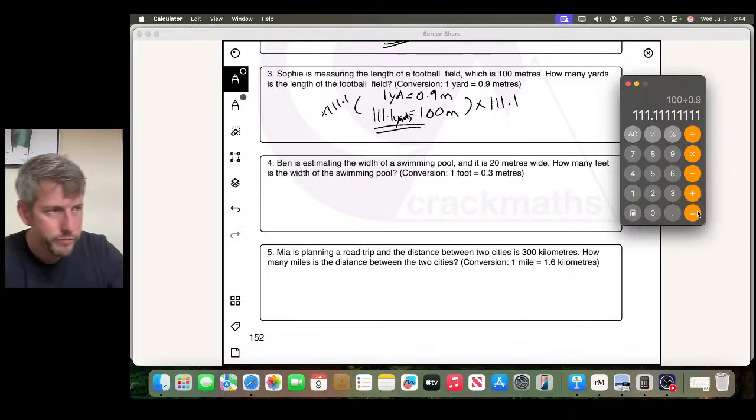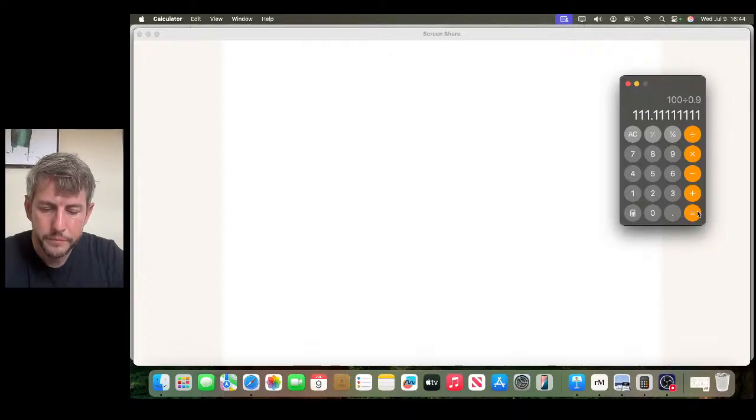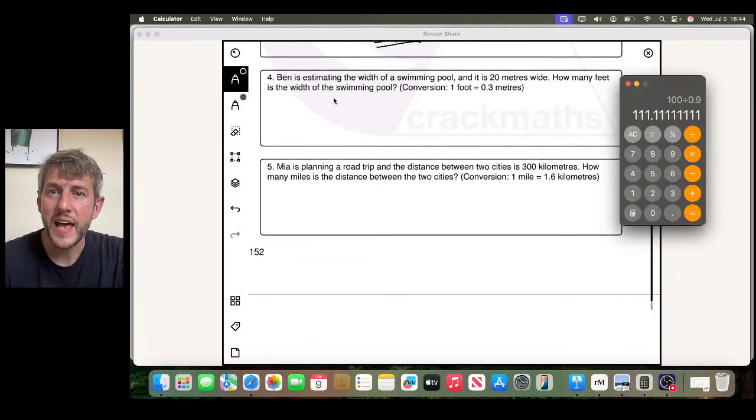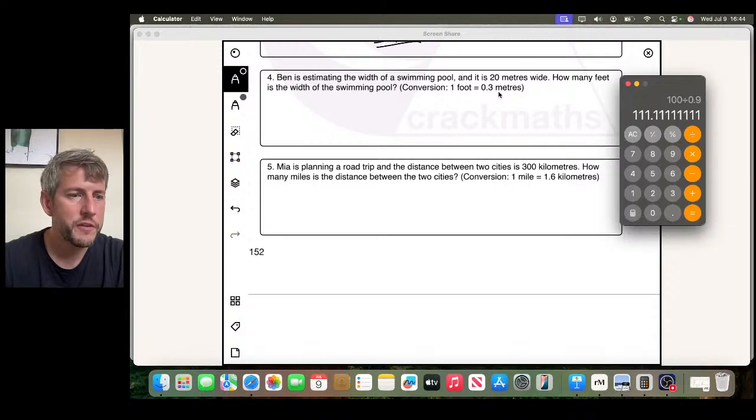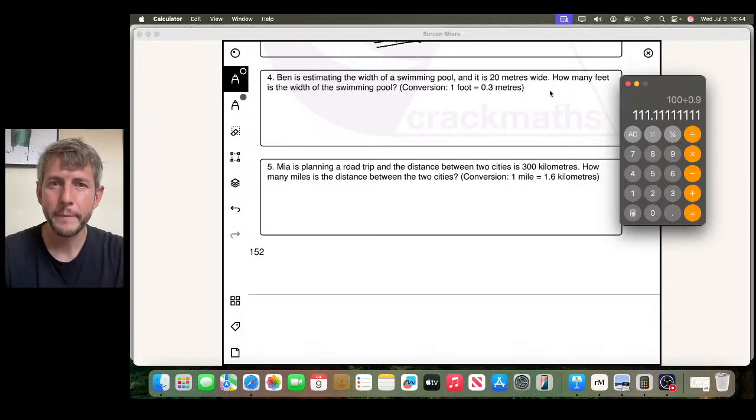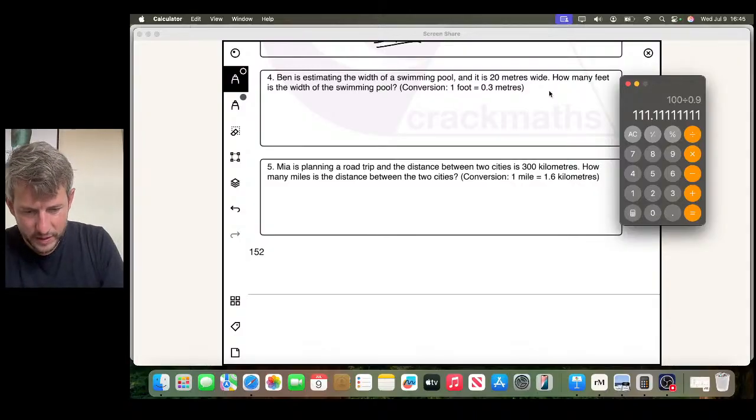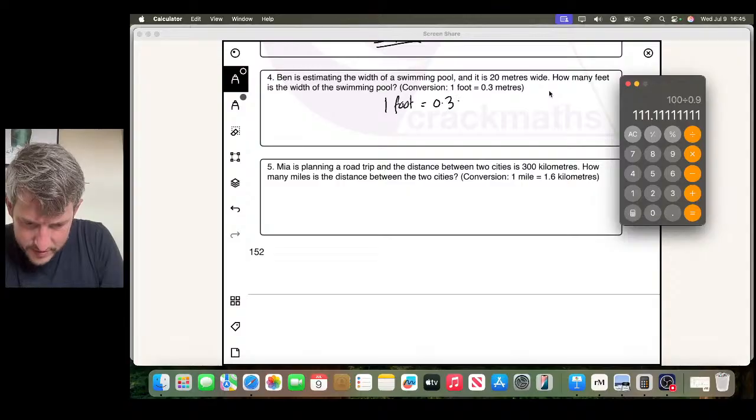Okay. Right, question 4. Ben is estimating the width of a swimming pool and it is 20 metres wide. How many feet is the width of the swimming pool? So the conversion that we have here is 1 foot equals 0.3 metres. So I'll write that down here. We want to get to 20 metres.